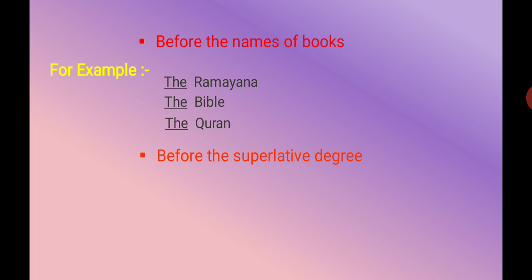If there is a superlative form of the adjective in the sentence and before the adjective we want to write an article, then we use the before them. Let's see some examples of the superlative degrees. Which are they? The best, the tallest. These are examples of the superlative degrees of adjectives.